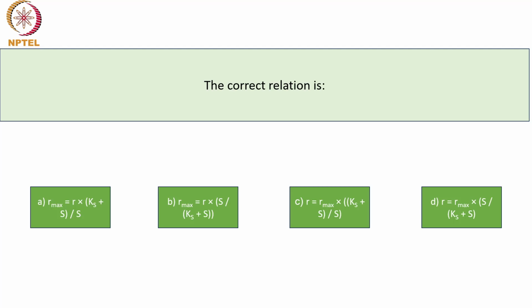B and D. Which options? B and D. Okay. Do some others have some other option?